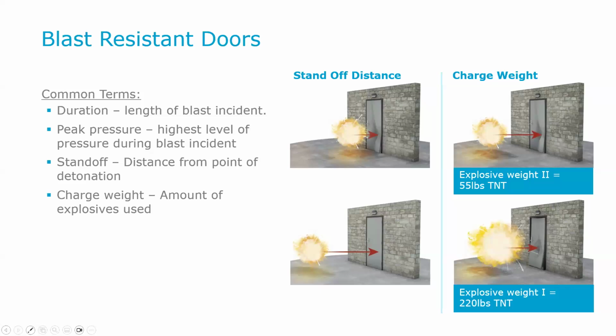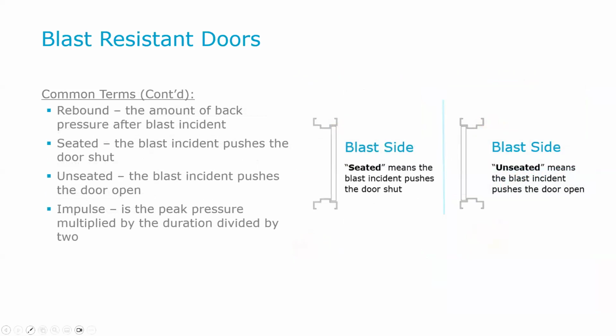So we have all of these different types of options, and you'll see, again, we talk about the rebound, and I also talk about seated. Seated is going up against the stop, or unseated, where the door swings away from the stop. All of these different types of terminology that you'll see means something.